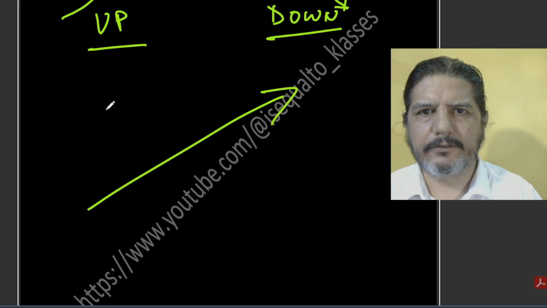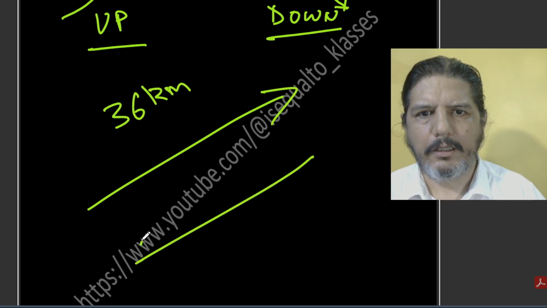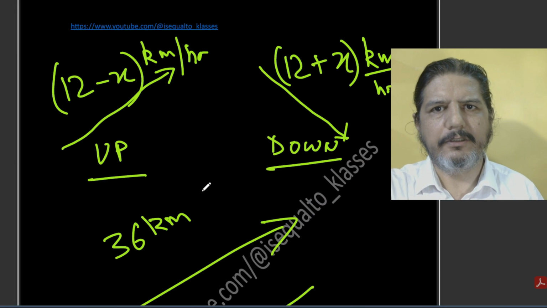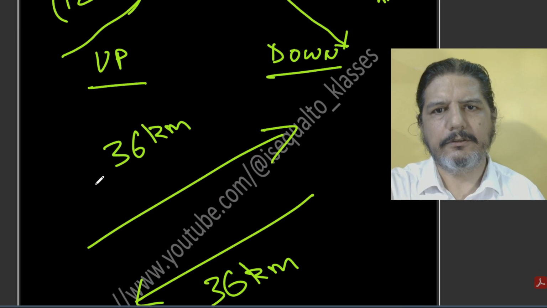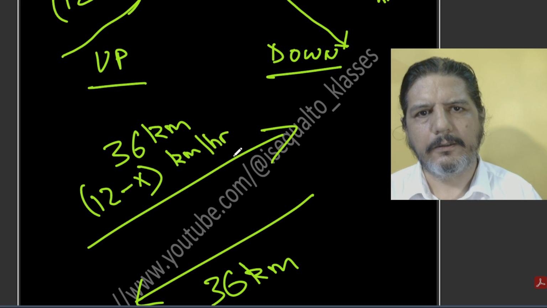He goes 36 km upstream. He comes 36 km downstream. When he goes 36 km upstream, his net speed is 12 minus x kilometer per hour. And here it is 12 plus x kilometer per hour.